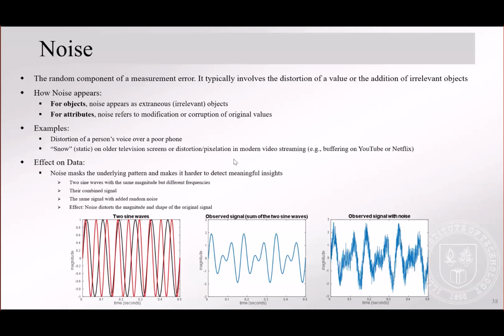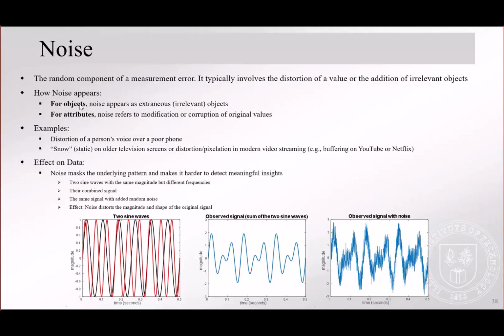Let's start with the first data quality problem, noise. Noise in data is the random component of measurement error, values that deviate unpredictably from their true measurement. It can show up in two ways.